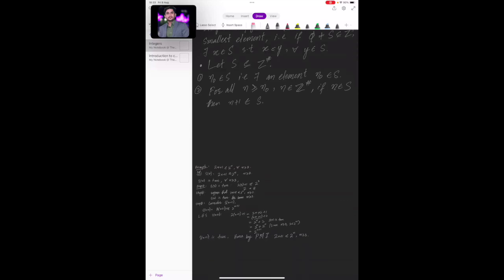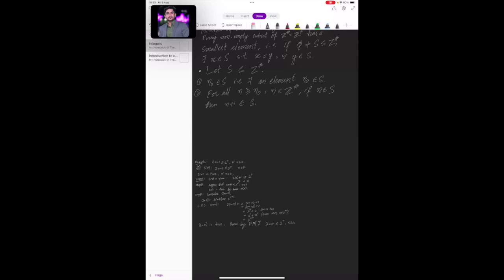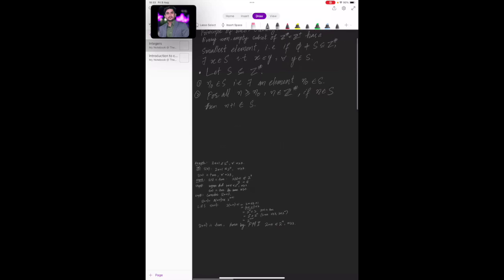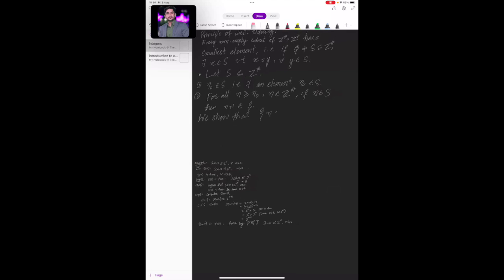And we show that the set of all positive integers n such that n is greater than or equal to n naught is a subset of S. We show this.